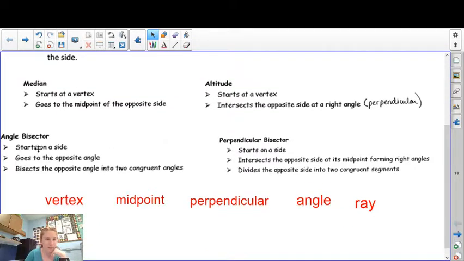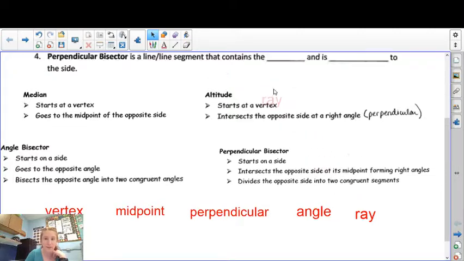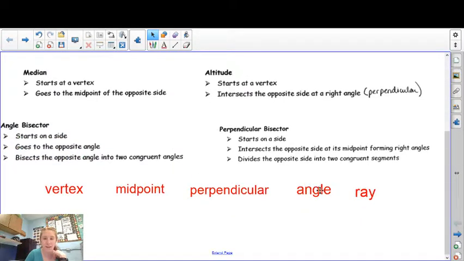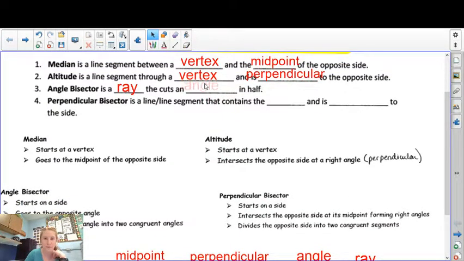Angle bisector starts at a vertex, goes to the opposite side, and bisects the angle into two congruent angles. Well, it's a ray because it's kind of like a line, but it's not a full line. And it cuts an angle in half.